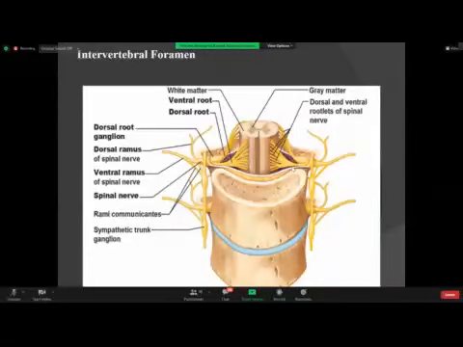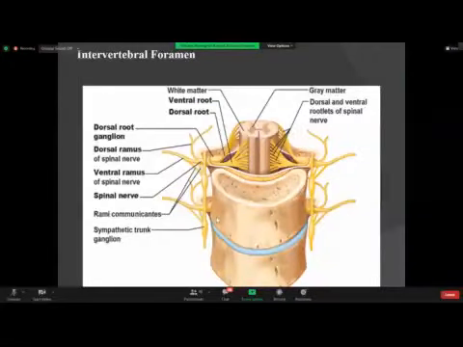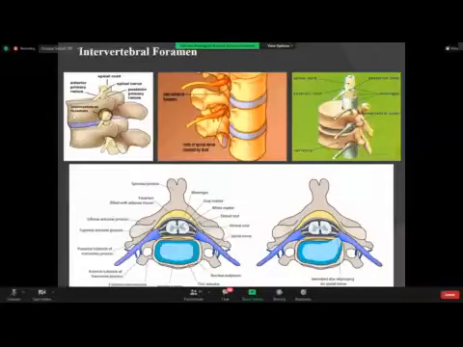We have seen this figure before, so I won't spend time on it, but I just want you to see how it is coming out of the spinal cord. Now, over here, between one vertebra and the other vertebra, you have a disc that separates it.